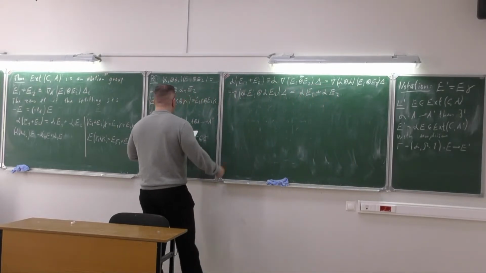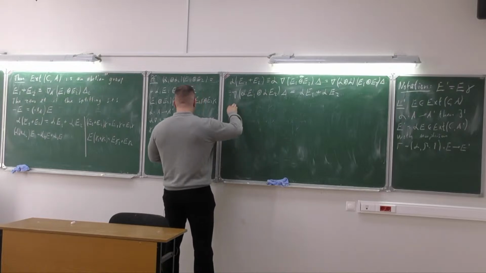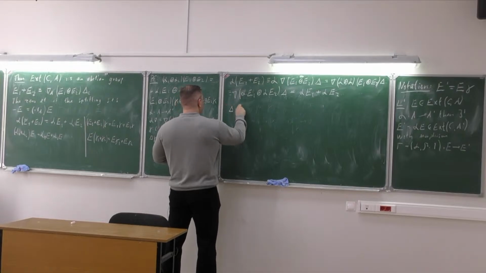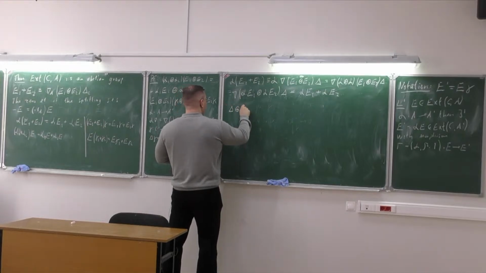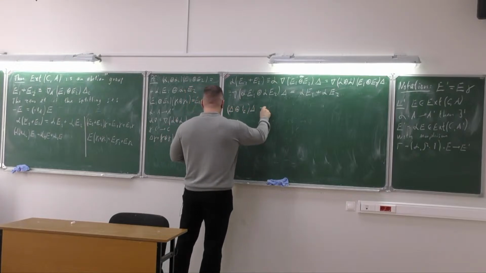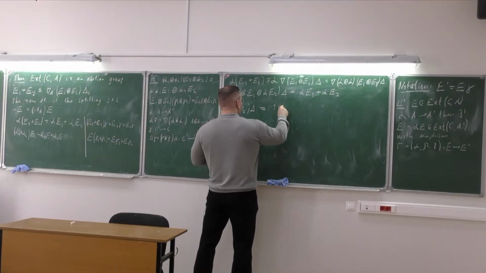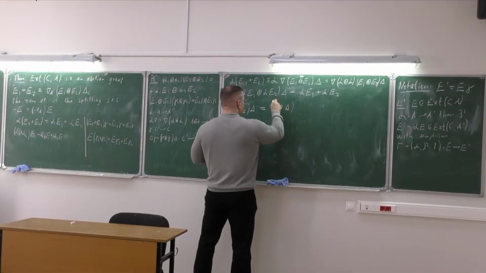So finally, you can notice the following identities. Well, you take the codiagonal, take the diagonal, take the direct sum with the identity, and then take the composition with the diagonal. So this will be the same as the composition of the sum of the diagonal, and then again diagonal.